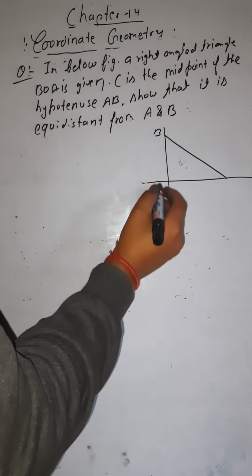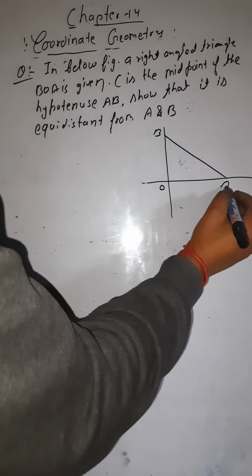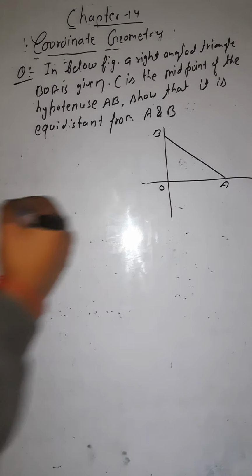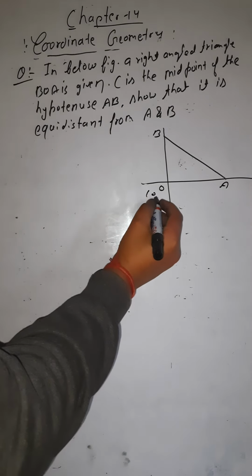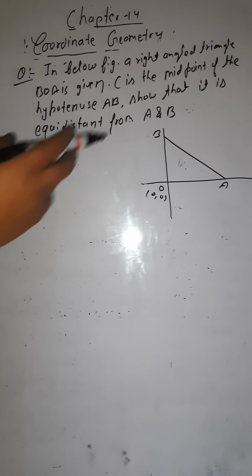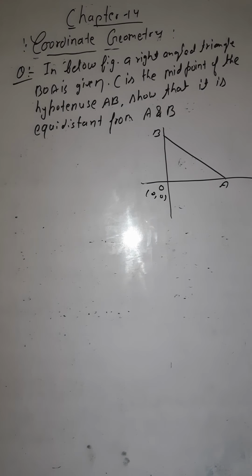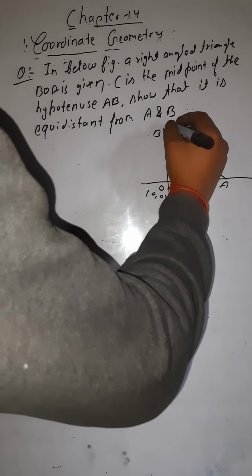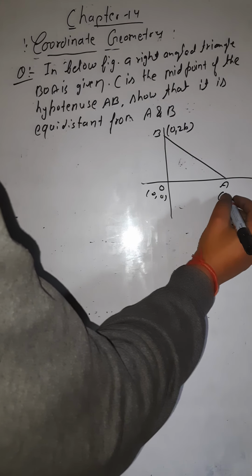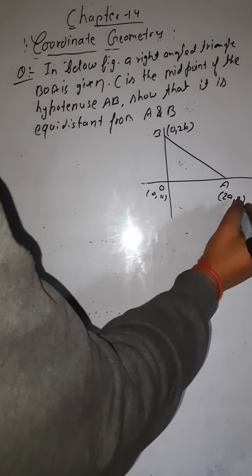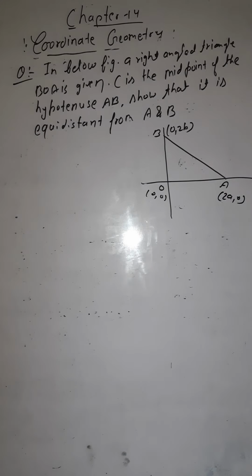Let's say this is B, this is O, the origin, and this is A. This is the origin because the x and y axes are cutting here. So the coordinates of the origin you know, 0, 0, and the coordinates of A and B have been given here. Coordinates of B are 0, 2b, and coordinates of A are 2a, 0. This has been given in the figure.